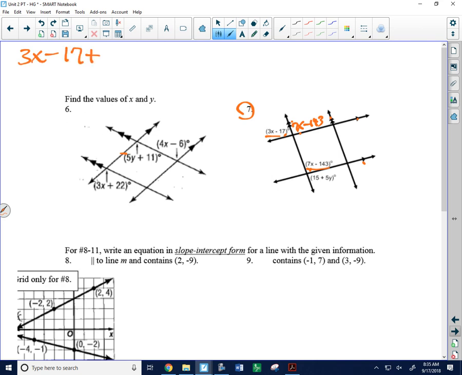Plus 7x. Okay, they're linear pairs, so you should add them to get 180. Combine like terms, 10x, negative 160.